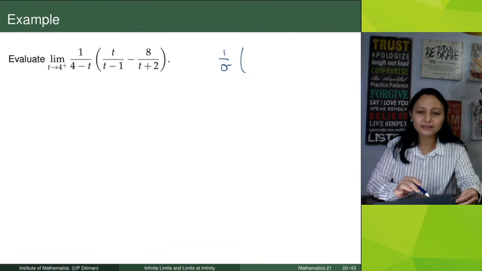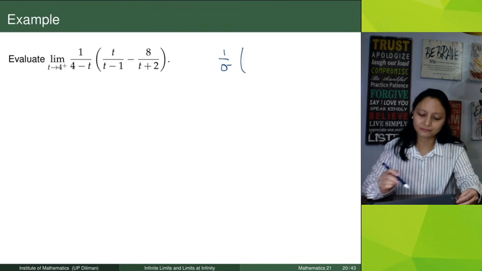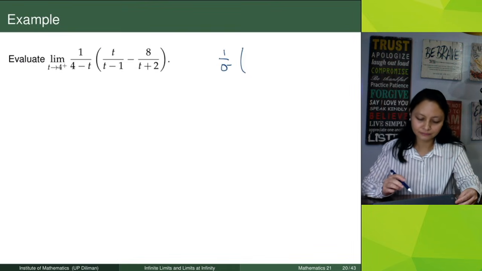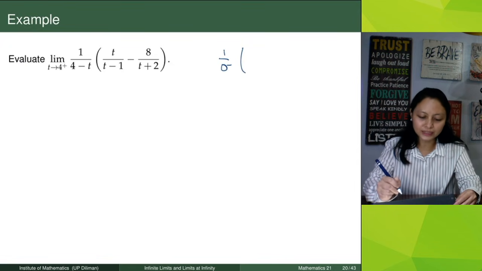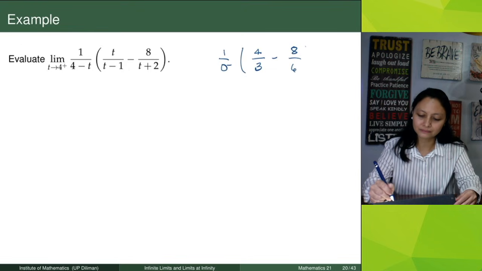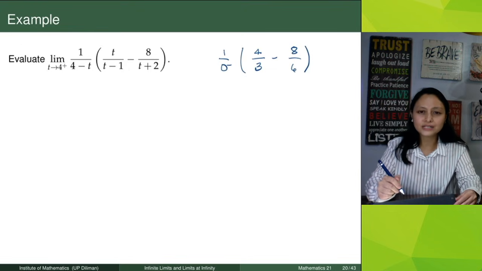So if you subtract that from 4, magiging negative. And then here we have t over t minus 1, so 4 over 3, minus 8 over 4 plus 2, which is 6. So 1 over 0 from the left is negative infinity.